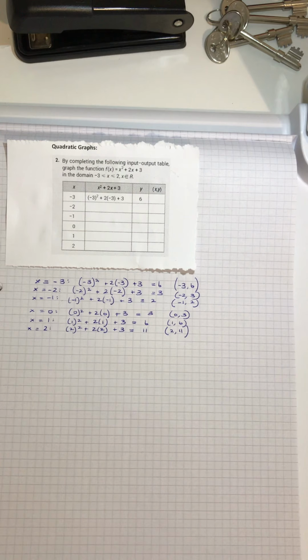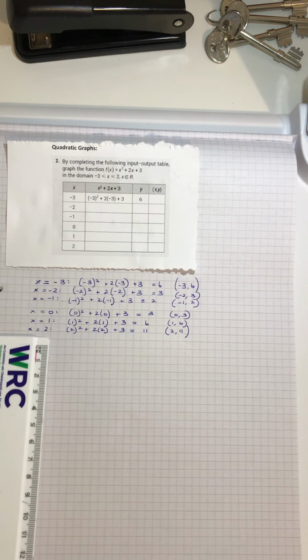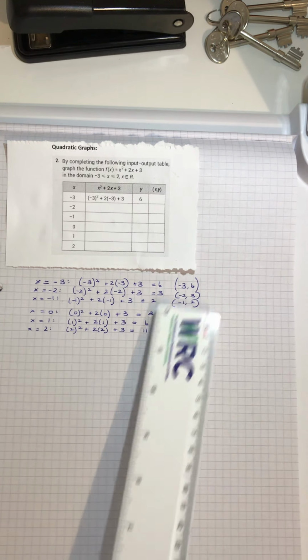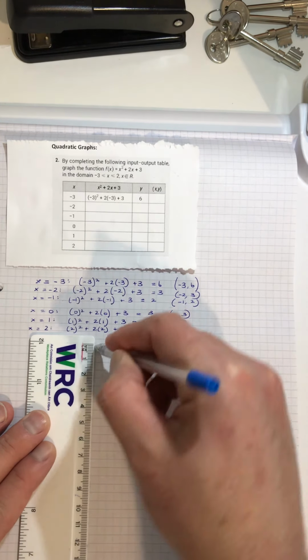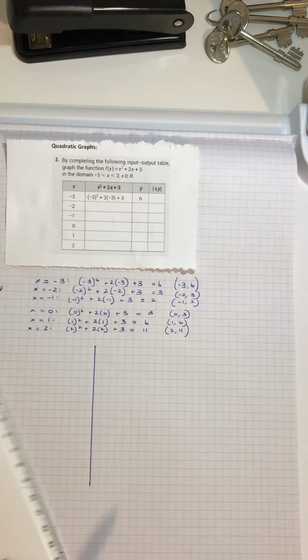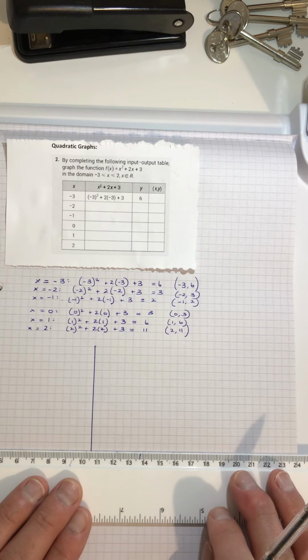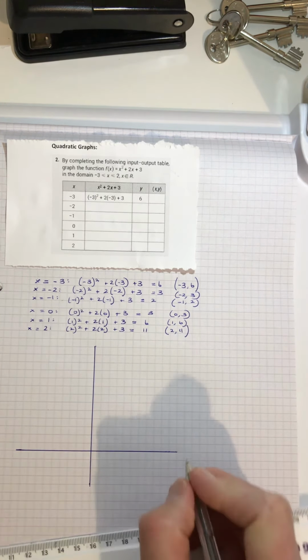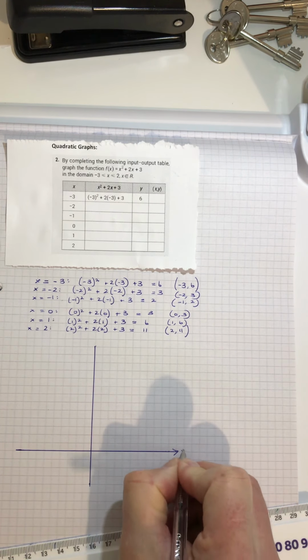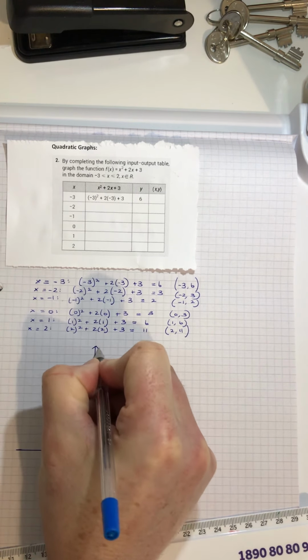So the important thing then is to draw out your x and your y axis. Now this time you have minuses on the x axis and you need to get up as far as 11 on the y axis. So try and keep your graphs as neat as you can. So we don't have any minuses on the y axis. So we have our neat x axis and our y axis, okay?